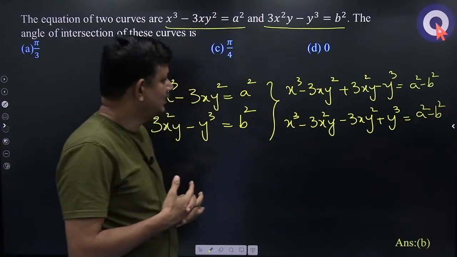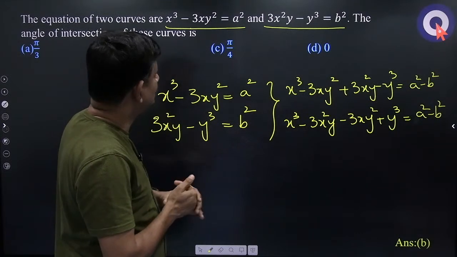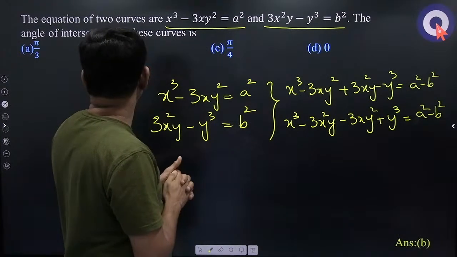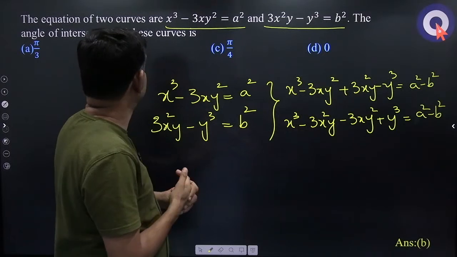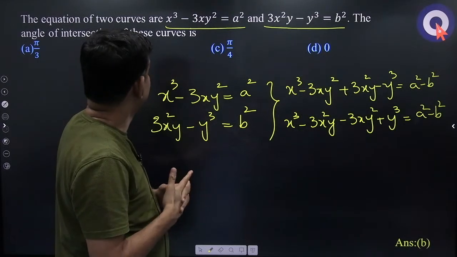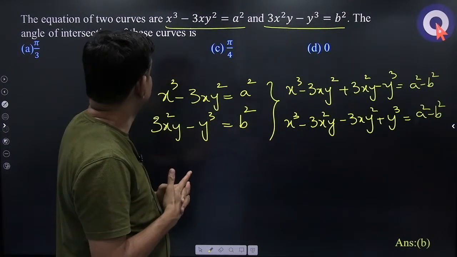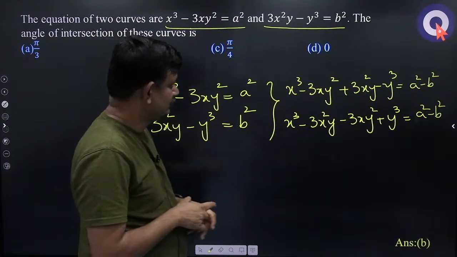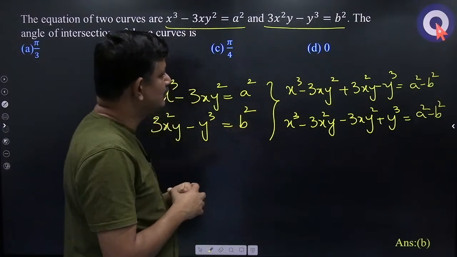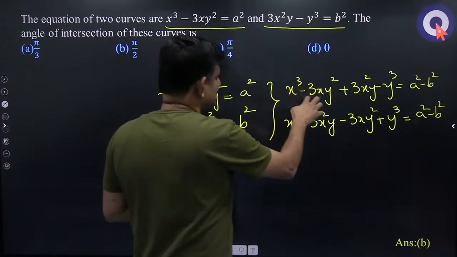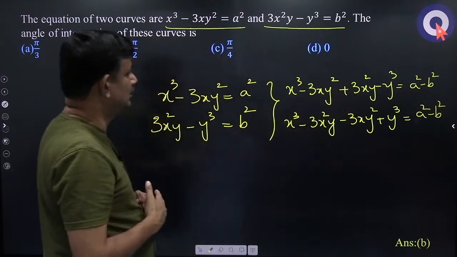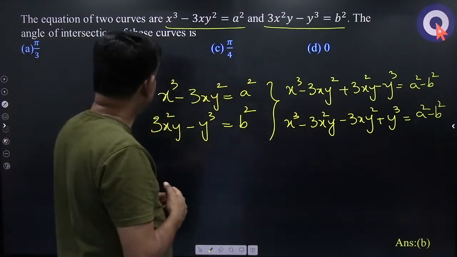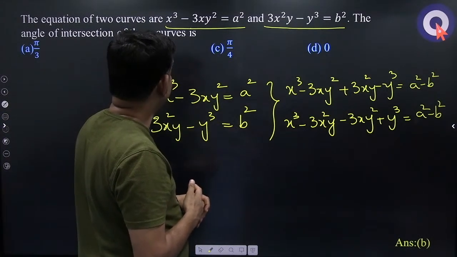So from here, let me see if anything can come out common. No, this is not coming in the formula of a cube minus b cube. There should be a plus sign here and a minus sign here. Okay, so there is some problem with the signs given there.